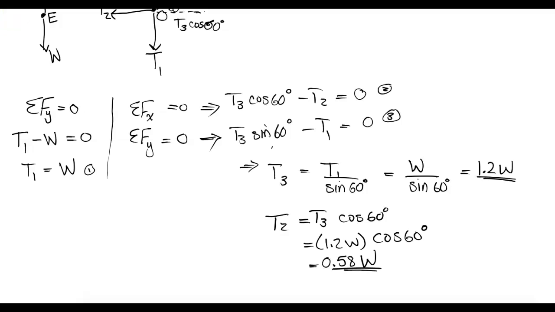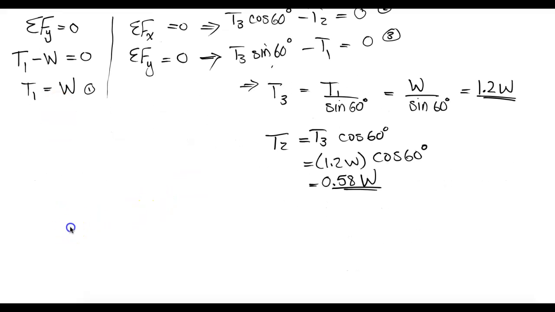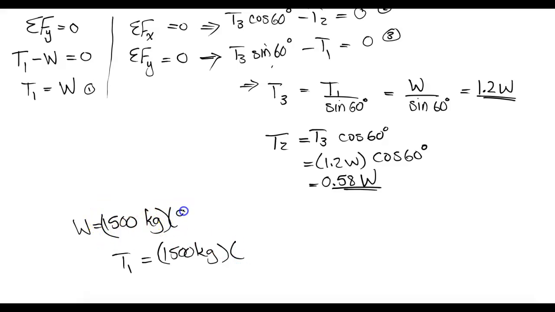If we know the weight, we can plug in the value for W and find T1, T2, and T3 accordingly. Since we're given that W equals 1500 kilograms, then T1 is the same as 1500 kilograms times 9.8 meters per second squared.